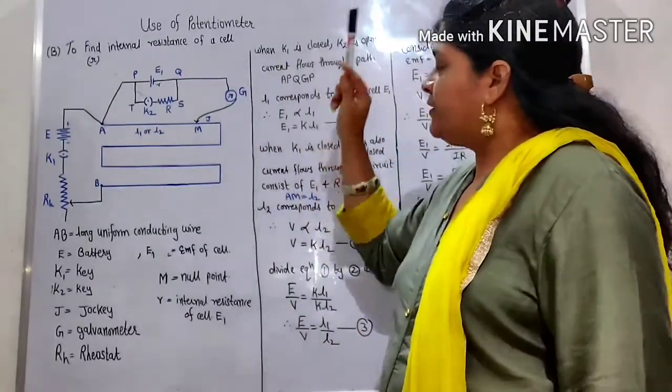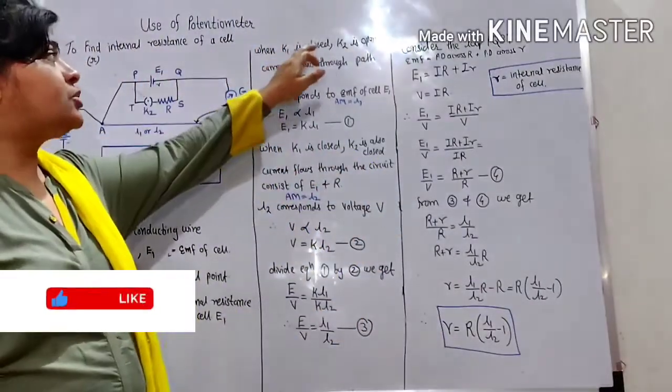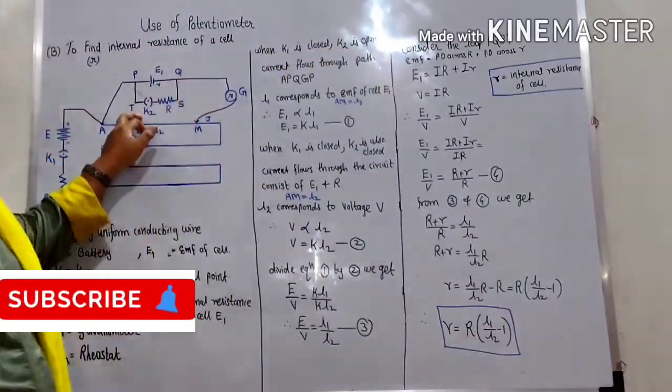Now come to the procedure. First, K1 is closed and K2 is open.